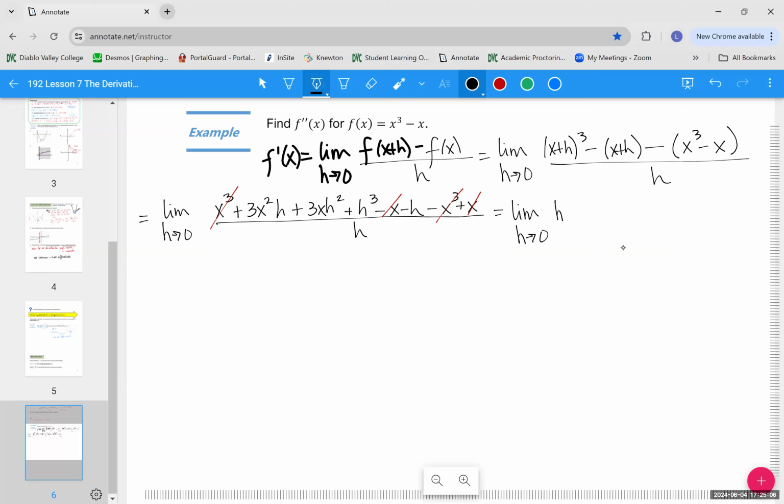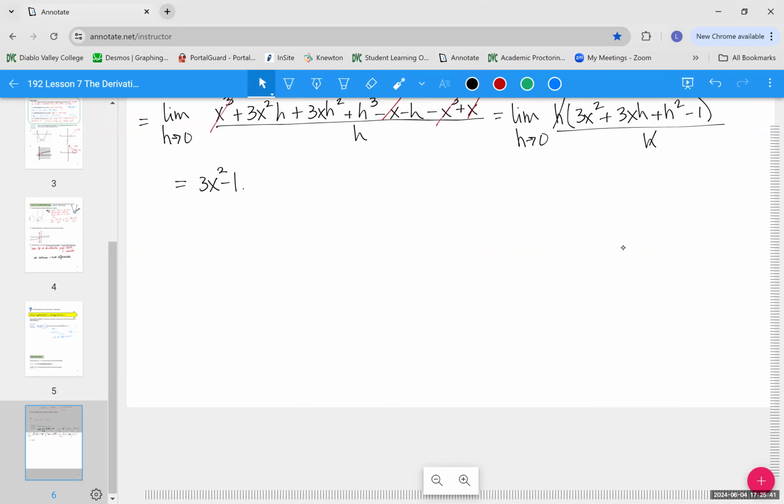So I'm going to factor that out now so that I can cancel the h's. And now I can plug in h equals 0, which is going to make these two terms go away. And I should just have 3x squared minus 1. So that's my first derivative.